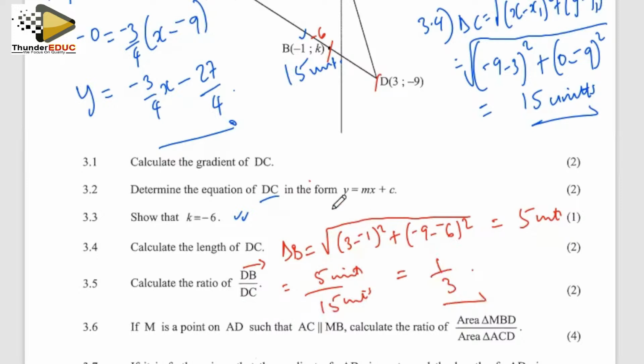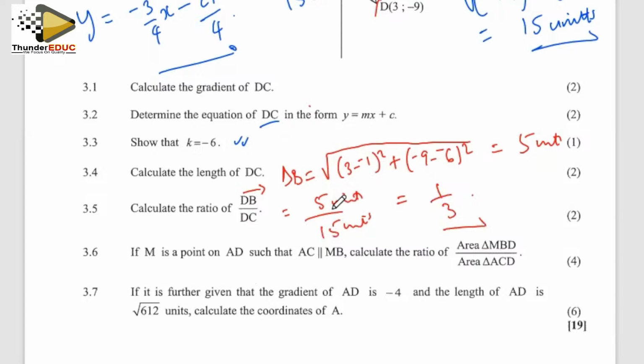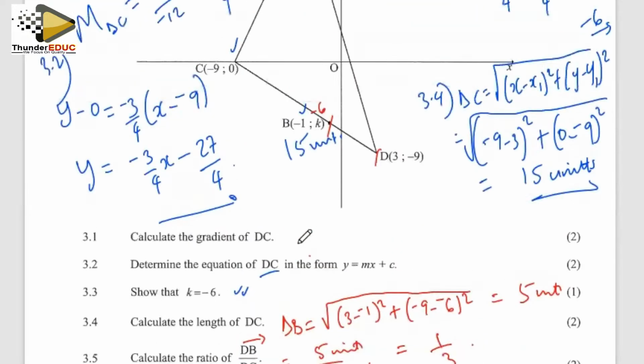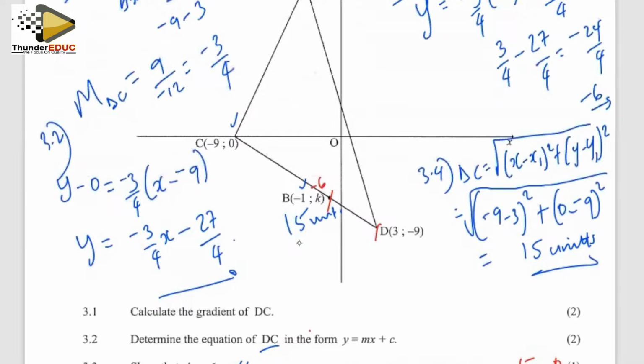Then 3.6, M is a point on AD such that AC is parallel to MB. Calculate the ratio of area of MBD over the area of ACD. Now, if I'm to just imagine a line, something like that, if that is our imaginary line, and maybe this is our point M, okay?